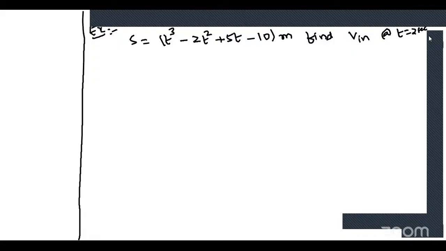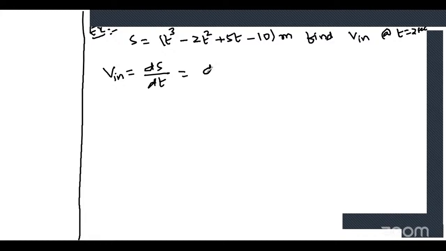First, to find instantaneous velocity, we'll differentiate it. After differentiating, then I will substitute time as 2 seconds.